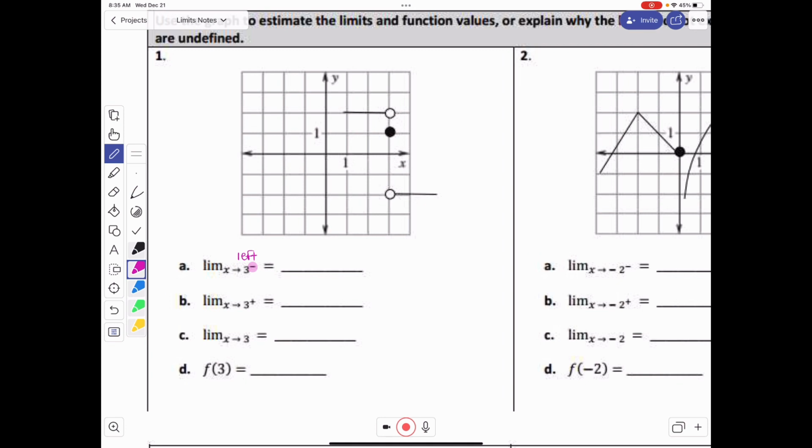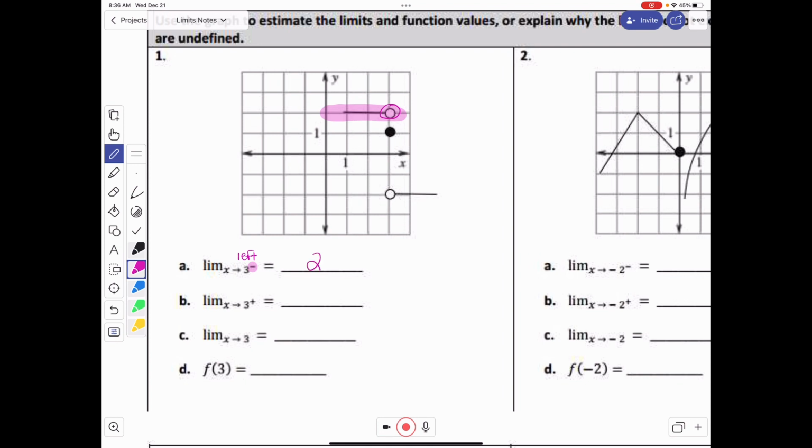Okay, so we are looking at this part of the graph right here. So we are looking as you move from the left, and you're looking at the y value. So the y value here is going to be 2.